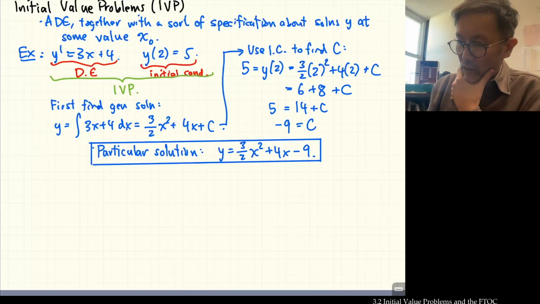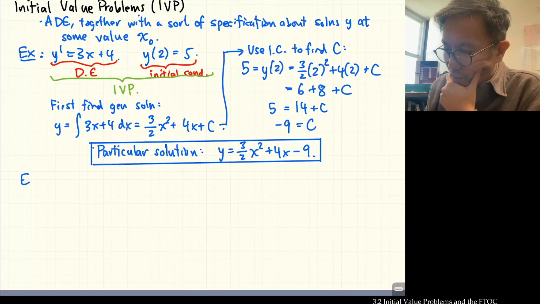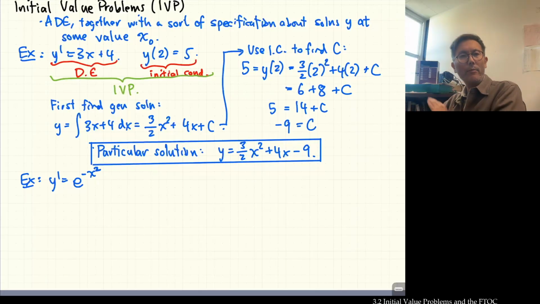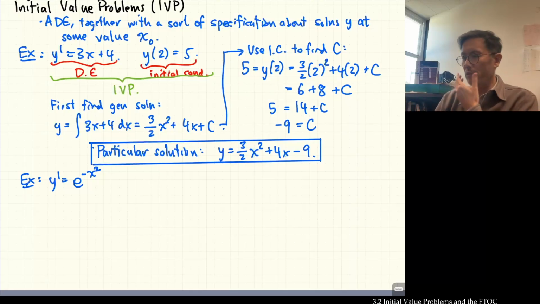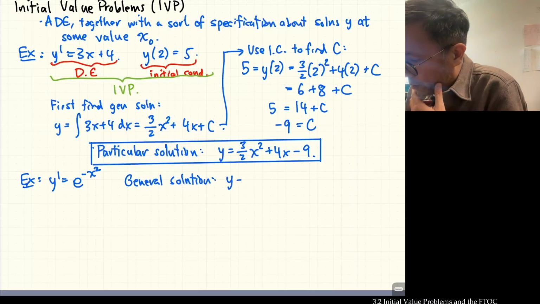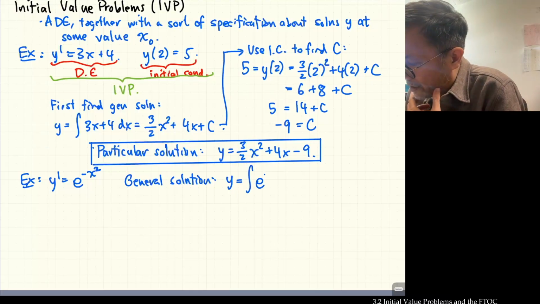What about this guy? Remember, we had this intractable differential equation, y prime is equal to e to the negative x squared. And we wanted to say, well, the general solution was y equals the integral of e to the negative x squared dx.